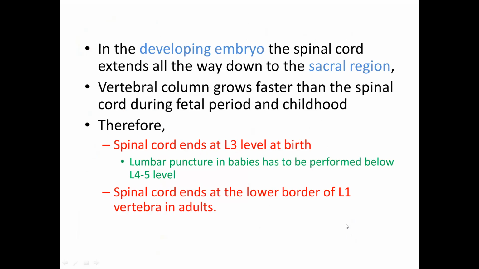So therefore, the spinal cord ends at L3 level at birth, and as the child grows up, as he becomes an adult, the spinal cord will end at L1 level. So always remember that in a child, the spinal cord extends much lower than in an adult.